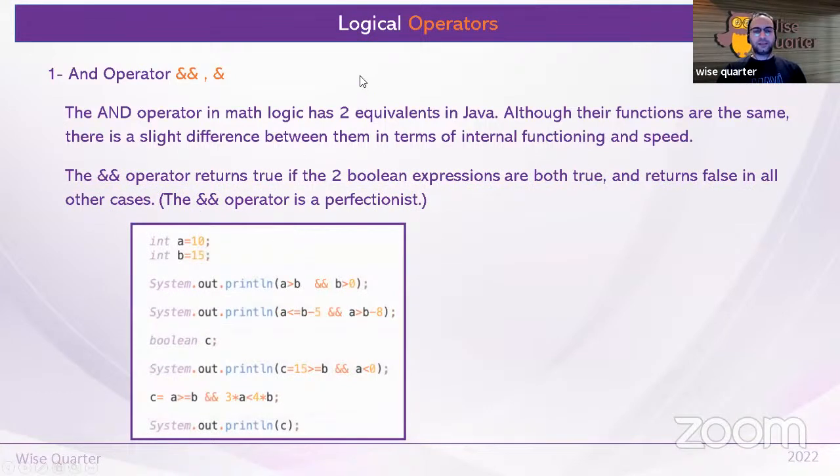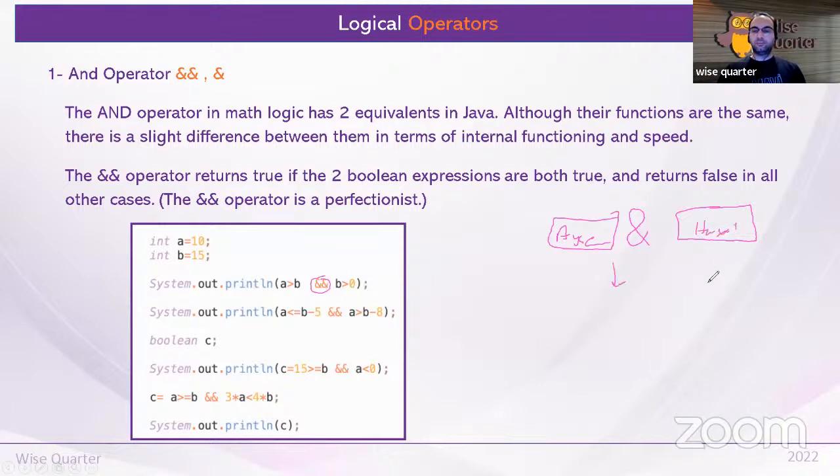We have a few examples. If you use the AND operator and you want the result to be true, all of them should be true. Let's say Ayşe and Hasan.